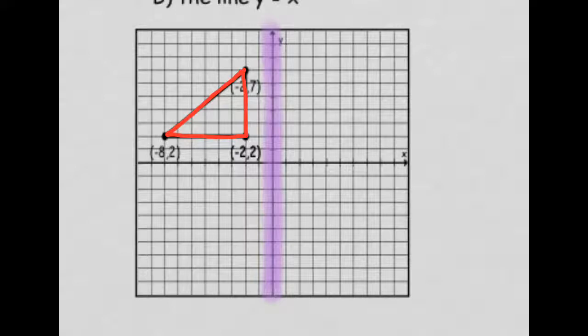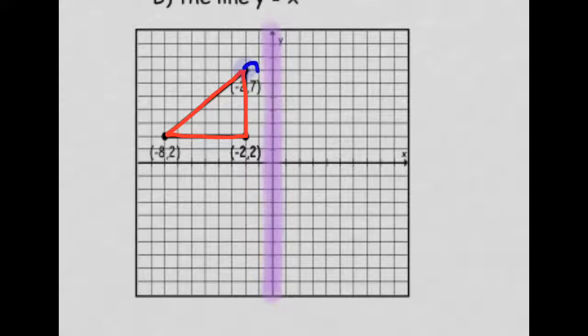We're going to reflect this first point. We're going to go point by point. We're going to reflect that first point across the y-axis.